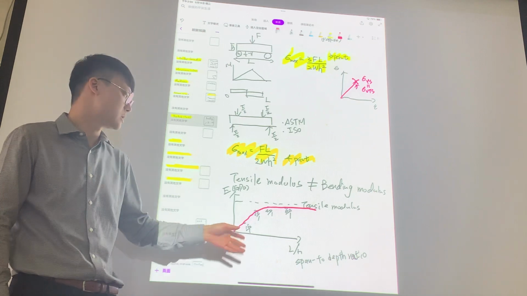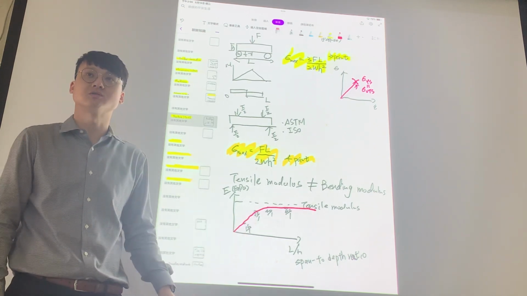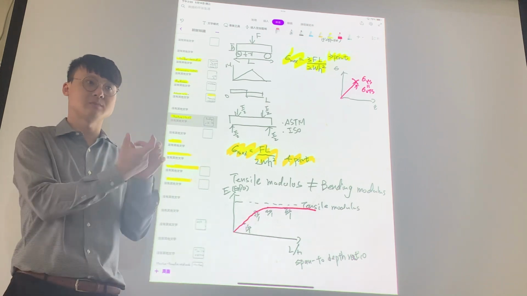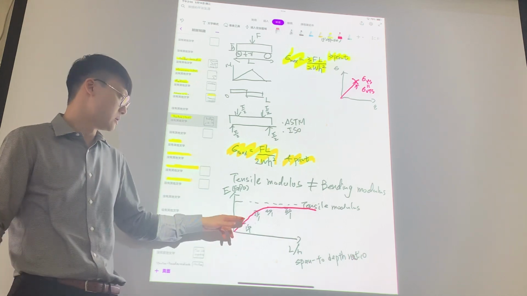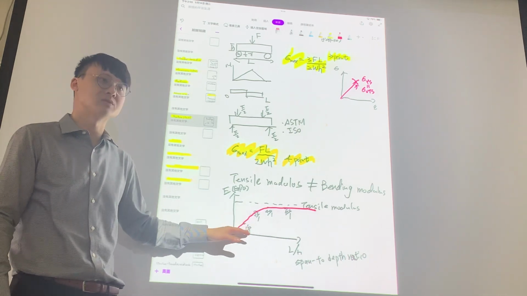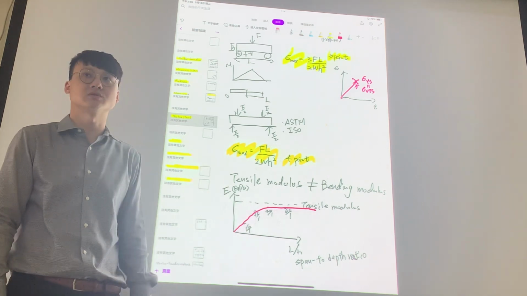It's because when the ratio is small, 1 to 16, 1 to 32, these specimens are so small that there's shear going on. 有剪切力所造成的，所以这些 bending modulus that you obtain is roughly smaller than the tensile modulus.